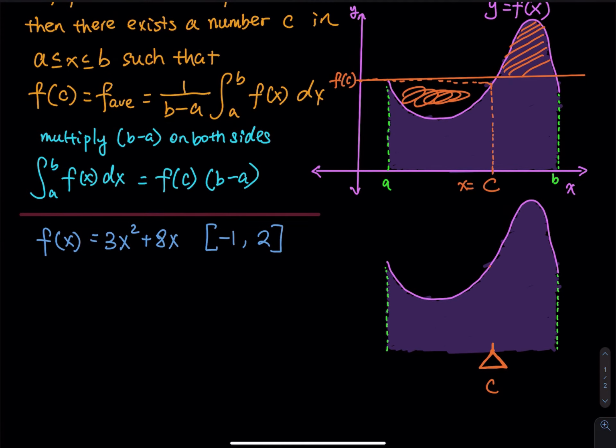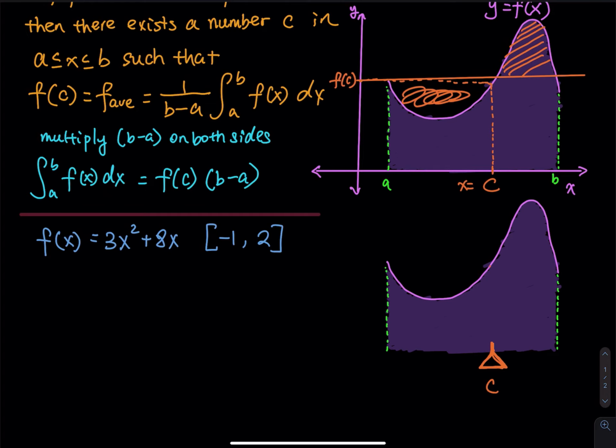I am trying to balance this object using a triangle. If I place the object on the triangle, using the tip at this point c, the object is balanced. It won't fall to the left, it won't fall to the right. This is completely balanced. So that's what the average value means.